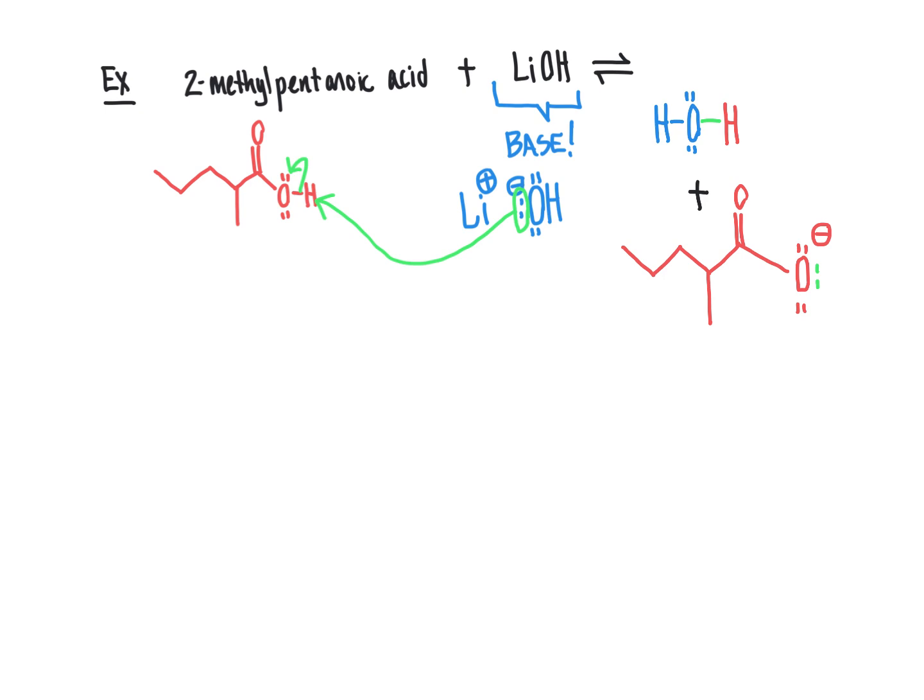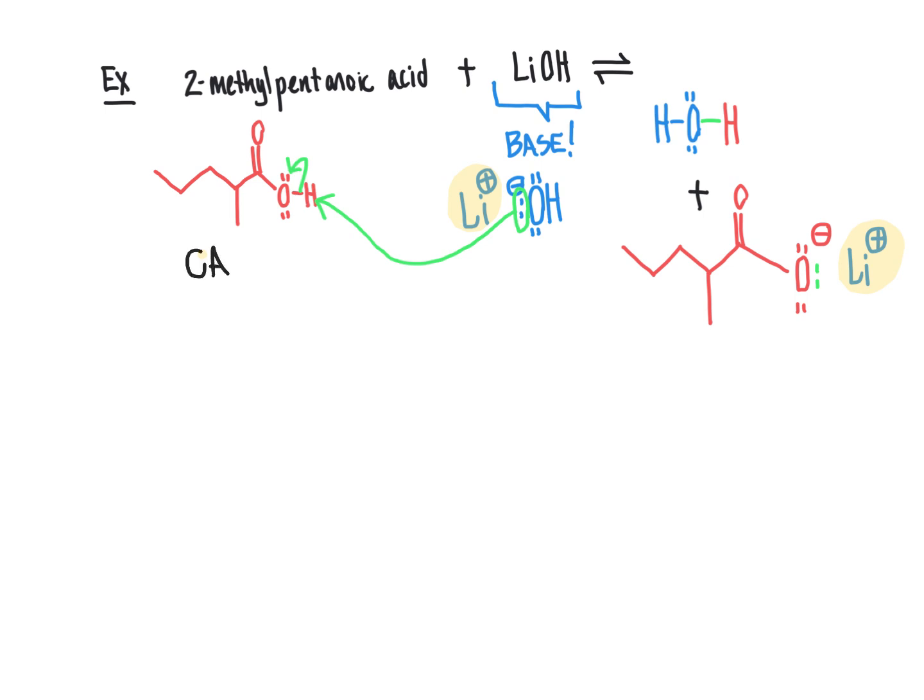And then our counter ion here, we have to have a counter ion if we have an anion, will be lithium. So throughout all of these example problems that we will do here, we will describe lithium as a spectator ion, because in each case it's just along for the ride. It starts off as Li+, it finishes the reaction as Li+. So with that, we have generated the product of deprotonating the carboxylic acid.